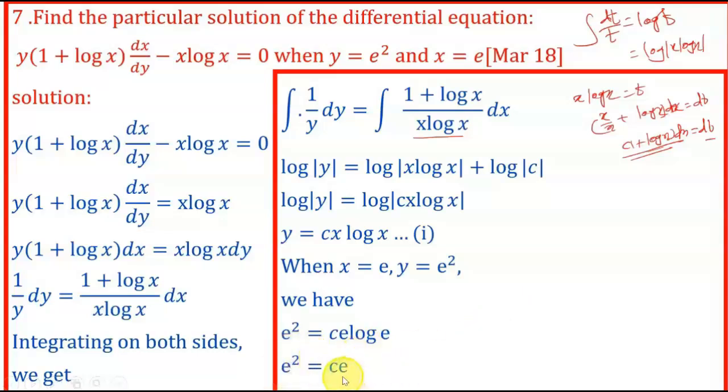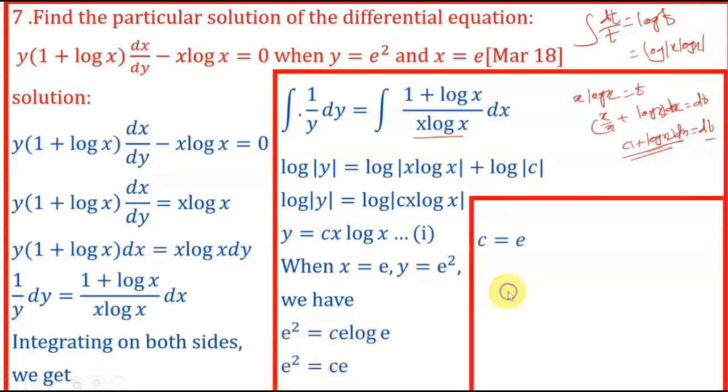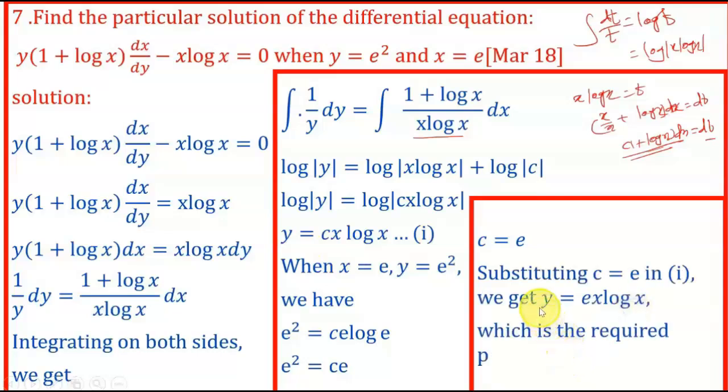Cancel e on both sides, then you will get the value of c equals e. Now substitute the value of c in equation number 1. Then you will have y equals e x log x, which is the required particular solution.